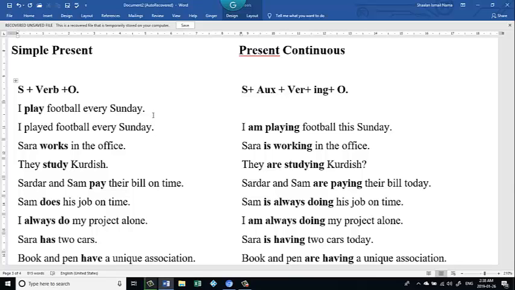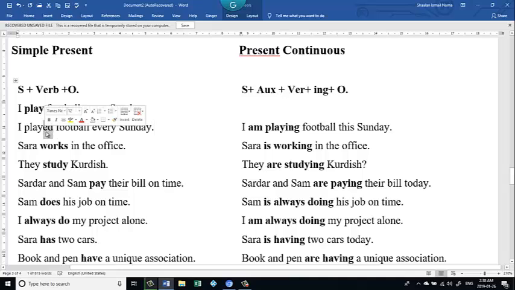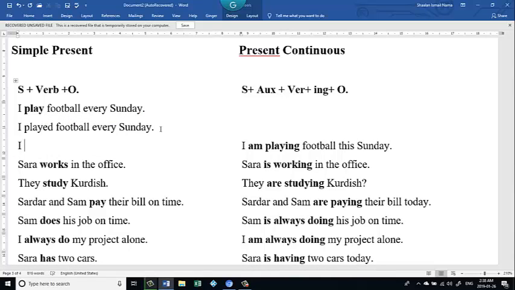Then it's perfectly correct because here I have ed. Then we know it's happened in the past. Or we could say, I did play football every Sunday.